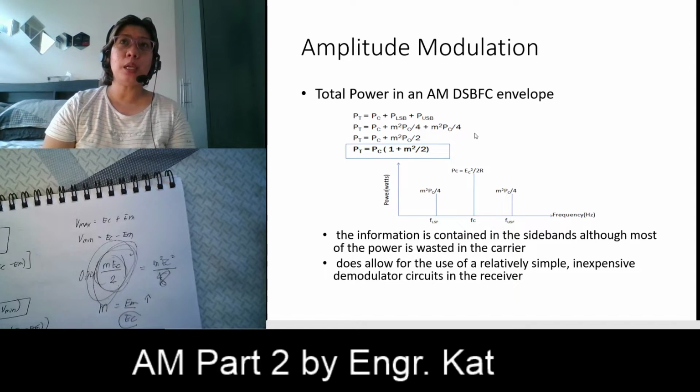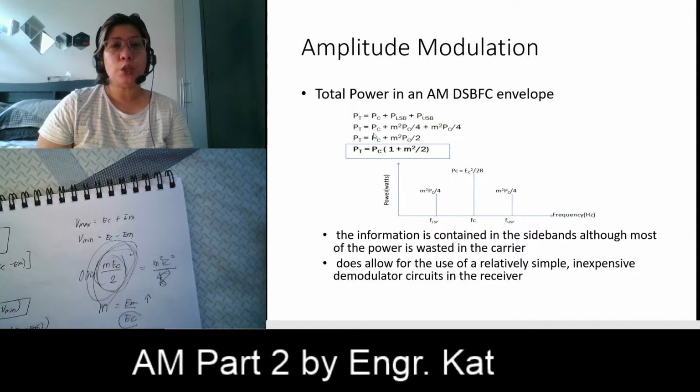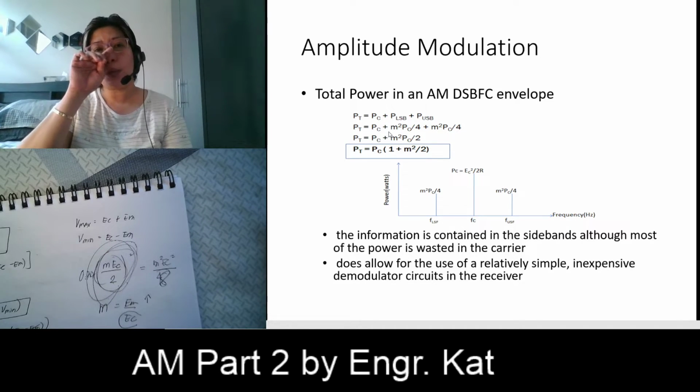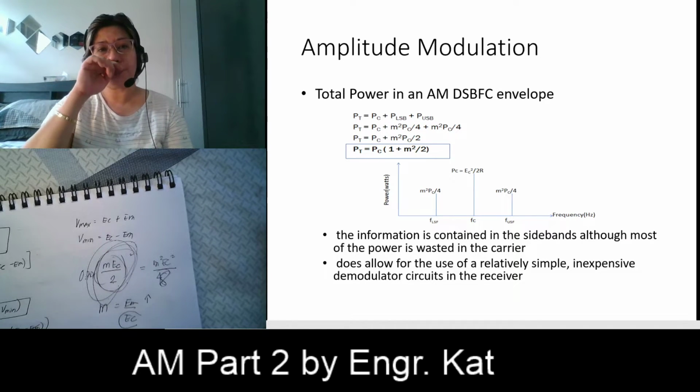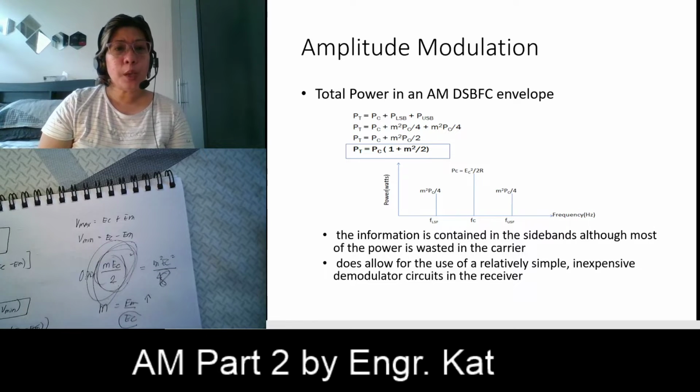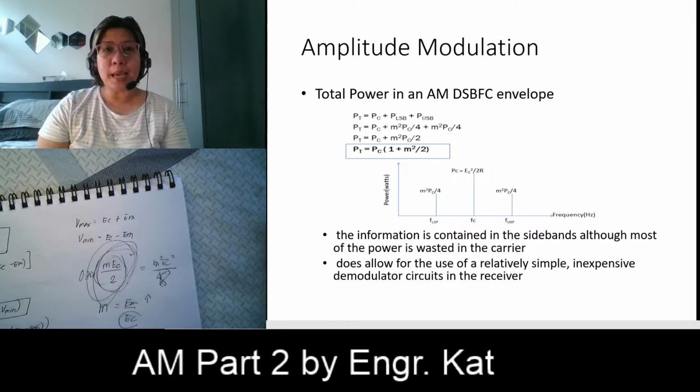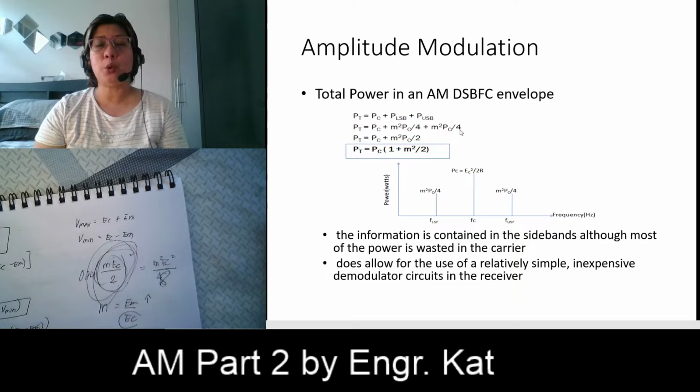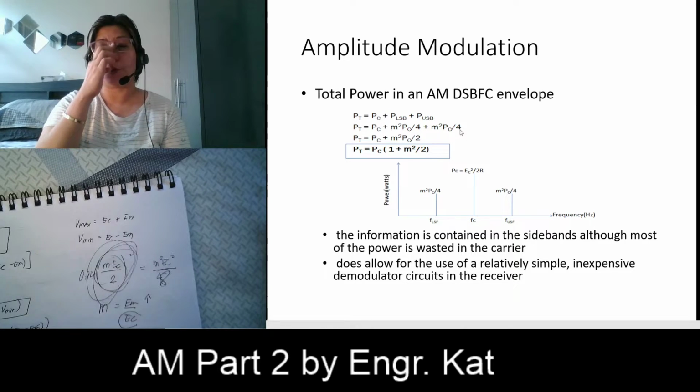Substituting our earlier formulas, you have Pc plus m squared Pc all over 4 plus m squared Pc over 4.